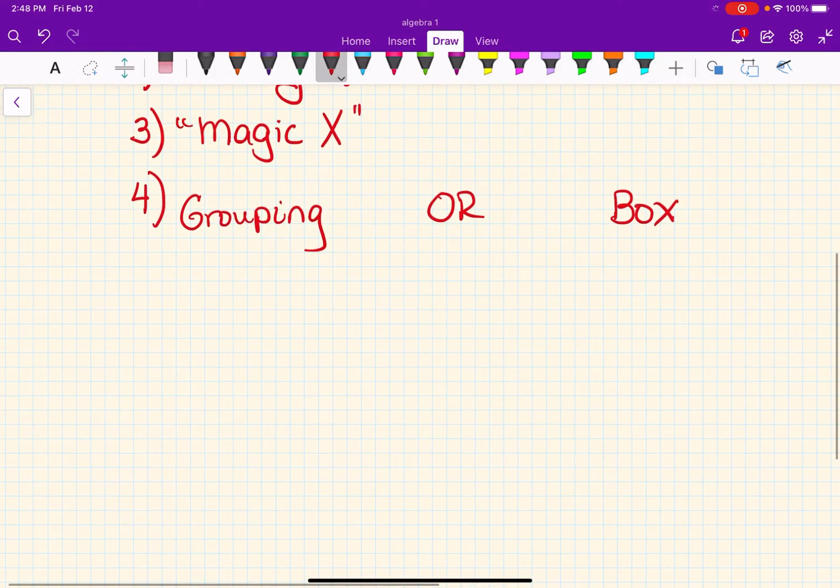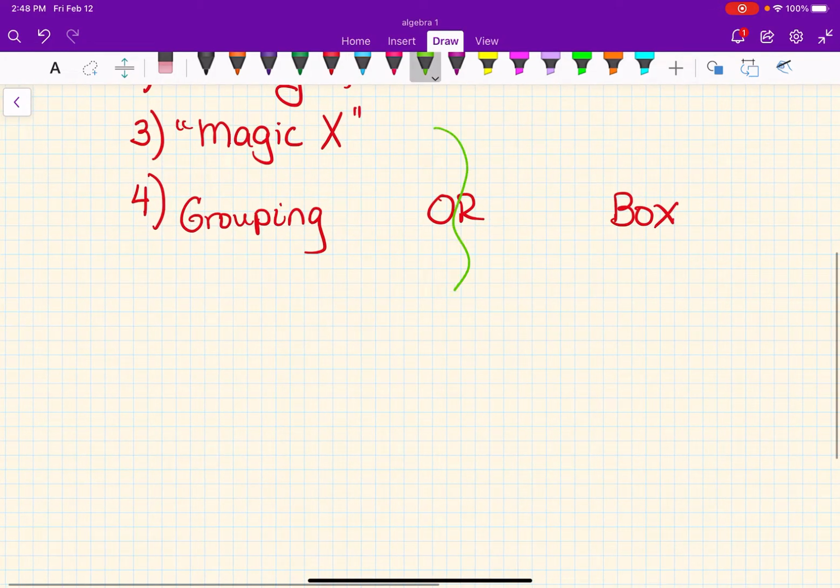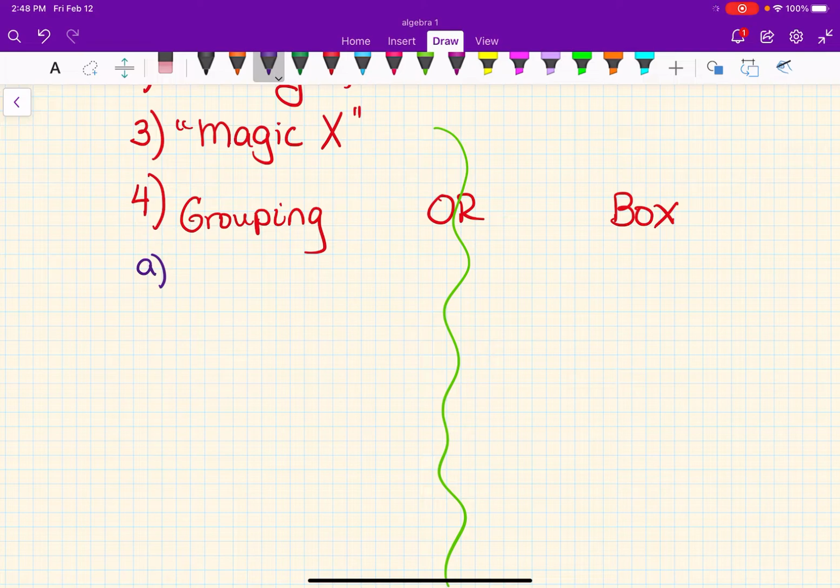If you're doing A, so let me draw a little thing down the middle here. If you're doing grouping, the first thing under grouping is to write the first and last term.